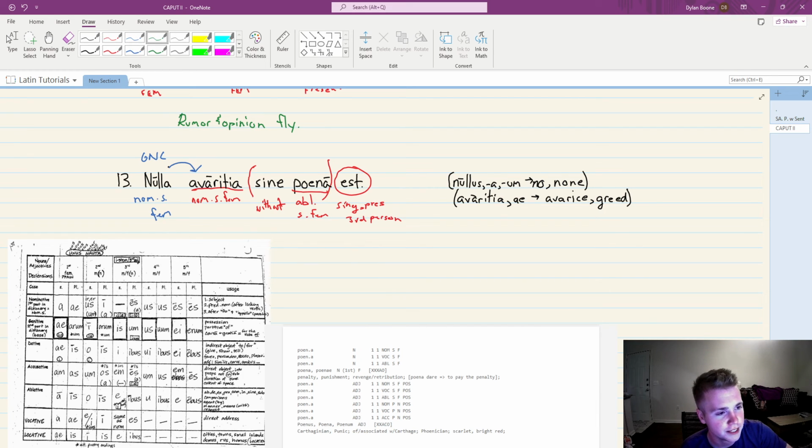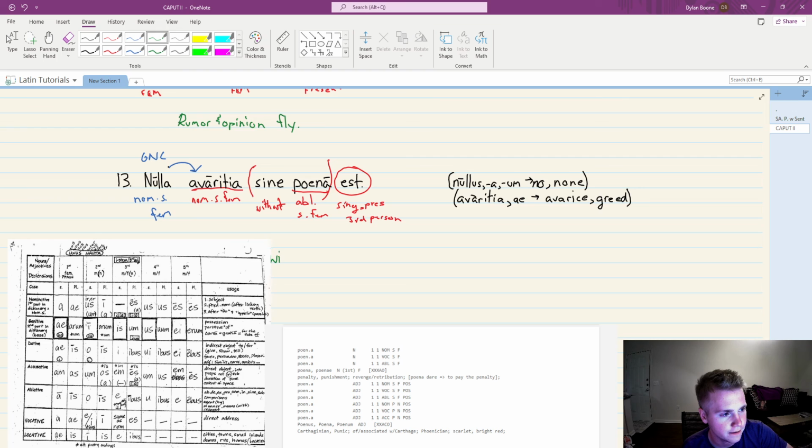So putting it all together, I'll start with the main subject and we can add the verbs later. So no, none, no greed. Est is sine poena.